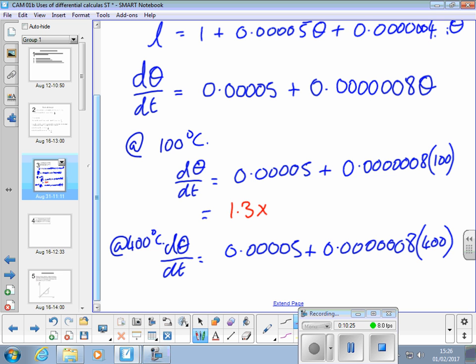1.3 times 10 to the minus 4 meters per second. Yeah.